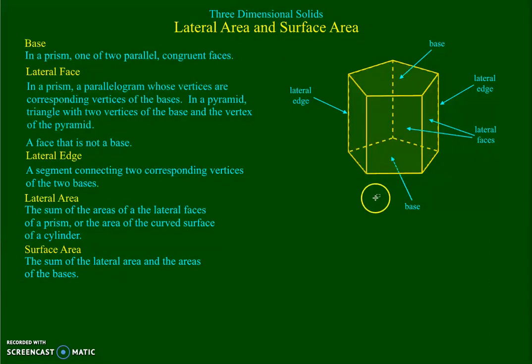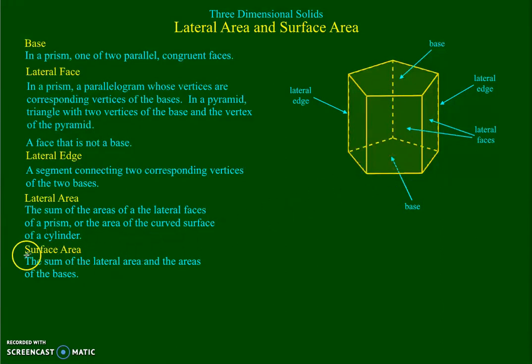It may seem a little redundant, but I want to reiterate the distinction between lateral area and surface area. Lateral area is just the area of the lateral faces. It does not include the area of the bases. Surface area is the lateral area, that is the area of all the lateral faces, plus the area of both of the bases added in.